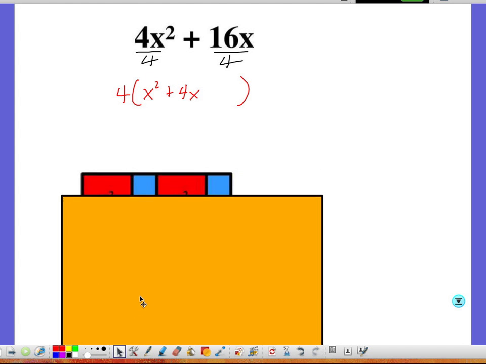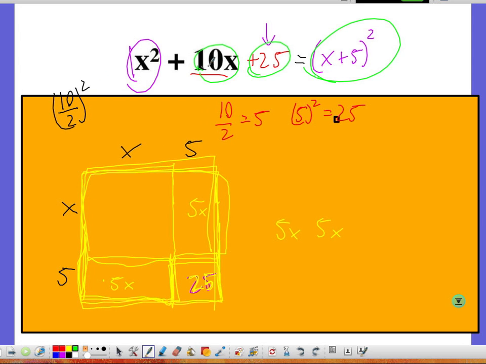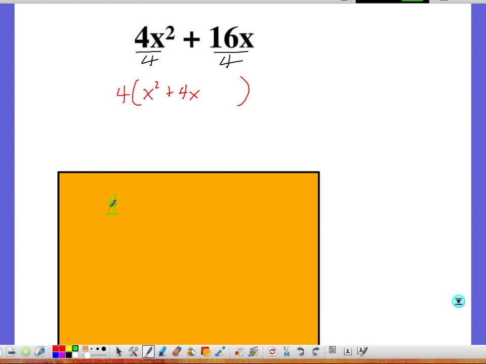Well, the first thing I need to do is take the number in the middle, my coefficient of x, which is 4. I'm going to divide it by 2. Remember, here we took 10, we divided by 2, and then after we divided by 2, we squared it. And so 4 divided by 2 is 2. 2 squared is equal to 4. And that is going to complete my square.